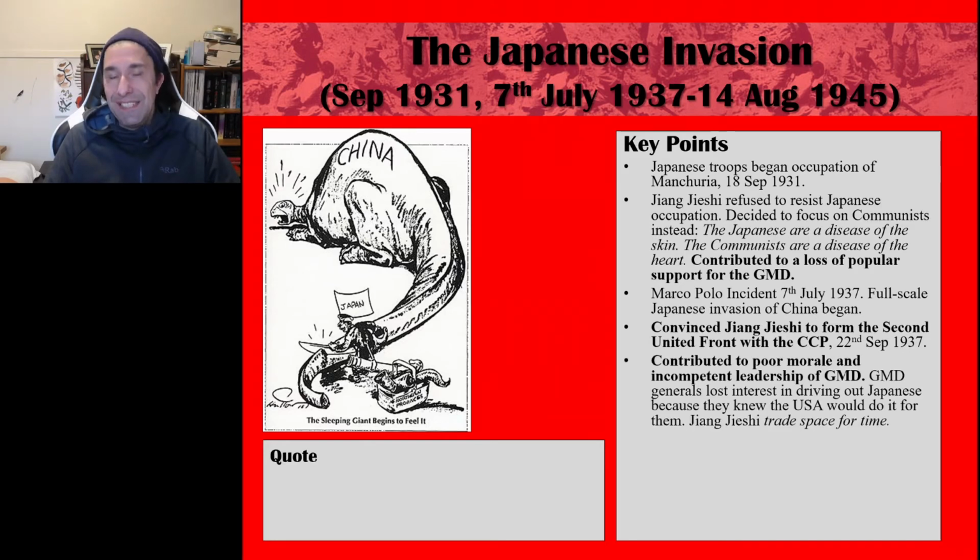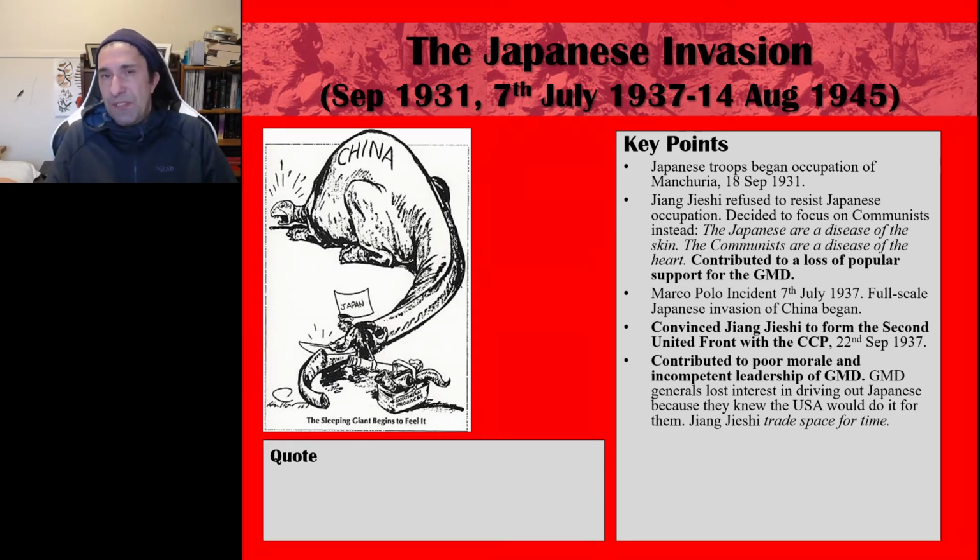Another key point about the Japanese invasion was that you can see there it contributed to poor morale and incompetent leadership of the Kuomintang. So particularly once the USA entered the war, Zhang Jieshi kept a lot of his troops behind, didn't engage as much as he could have with the Japanese invaders.